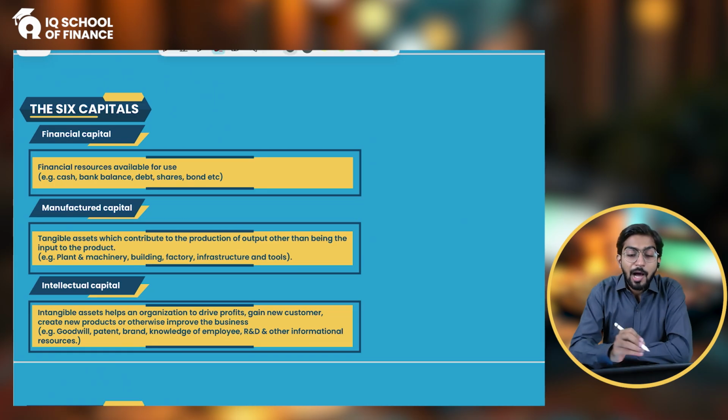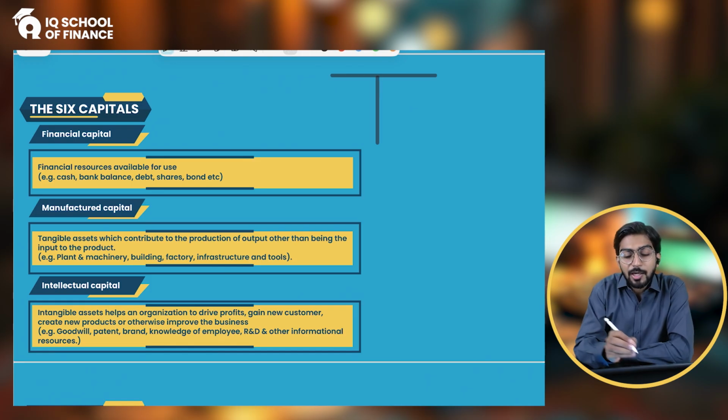And how actually you provide the information about these capitals into the integrated reporting. Let me tell you one thing, how many of you have made that T account or general ledger? If you have not made, let me tell you that you actually tell the people about the opening balances, right?